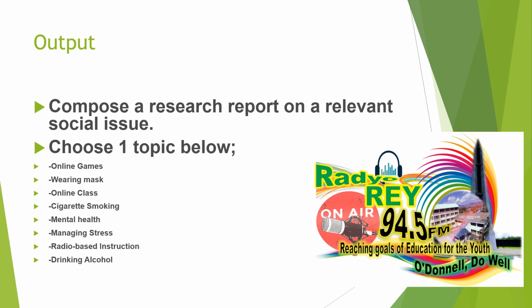In chapter 3, under that, the research design, research locale, respondents of the study, research instruments, gathering data procedures, statistical treatment. And in chapter 4, the presentation, analysis, and interpretation of data. In chapter 5, the summary of your findings, conclusion and recommendation. And after that, the bibliography and the appendices.